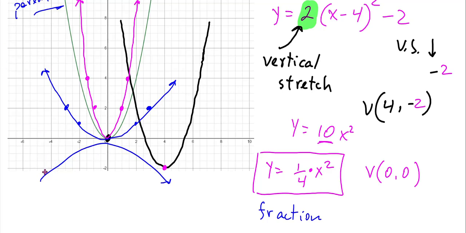I don't want to say exactly, but it would have that shape, but upside down. That would be the negative coefficient. So let me clear that one. If it's a fractional coefficient in front, it leads to a wide parabola.